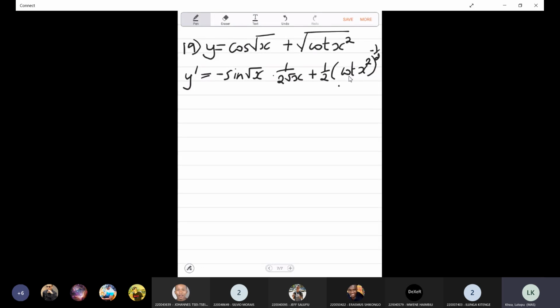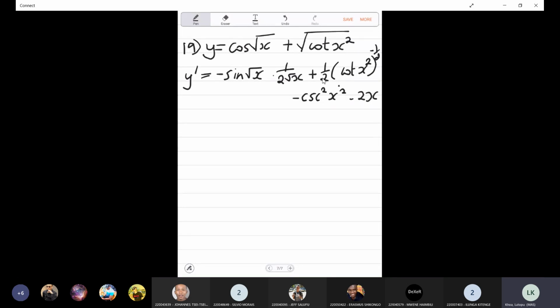The derivative of cot is minus cosec squared. So it is minus cosec squared of x squared, and then multiply that by the derivative of x squared, which is 2x.